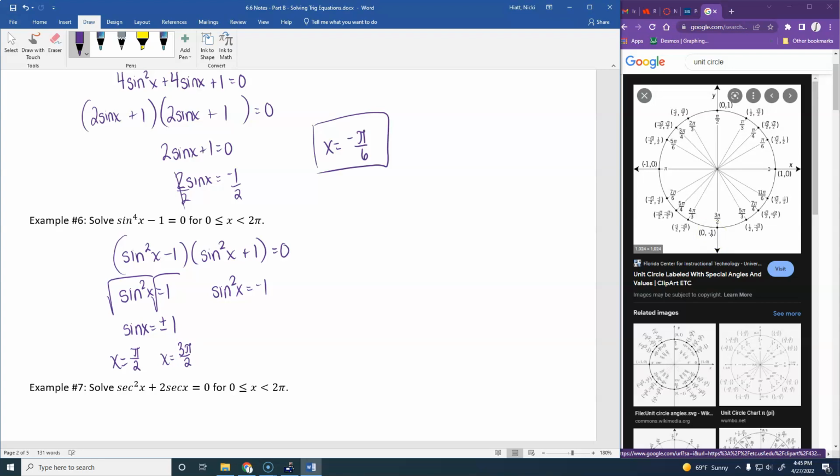And I'm using the entire unit circle, so I'm going to report the values like so. For my other equation, if I square root both sides, I have a problem because I'm going to get the square root of negative 1, which is imaginary, which is not going to be found on the unit circle. So actually, although this is part of the problem, I do not get any answers from that part. And I would just have these two answers right here.